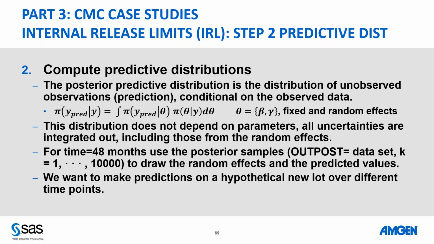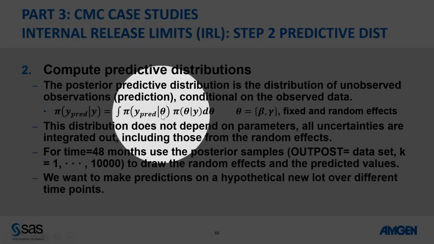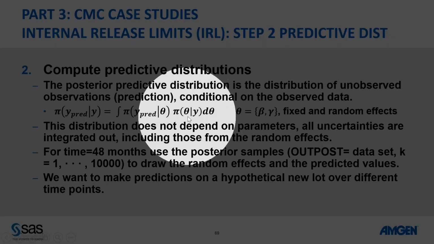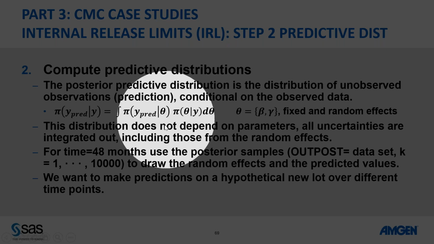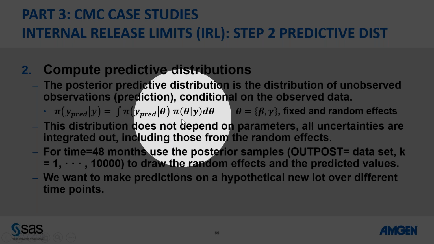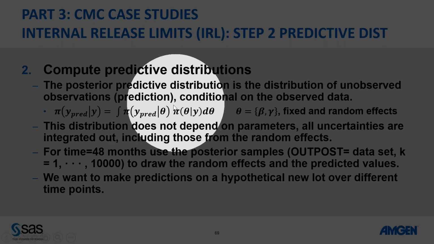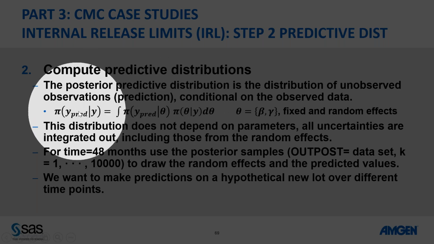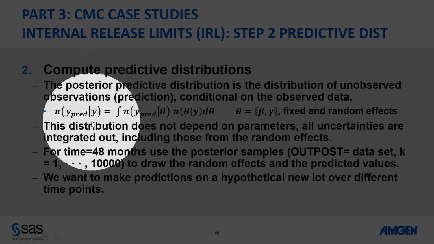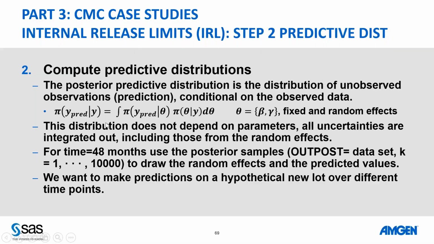You want to predict your future y given your current y without parameters, because in Bayesian analysis we don't condition on a parameter value. What does that mean? That means the random variable theta needs to be integrated out. And we integrate with respect to the posterior. This integral makes sense: the current data informs the parameter, we integrate over the parameter, and we make the prediction. So that's what the predictive distribution is about.